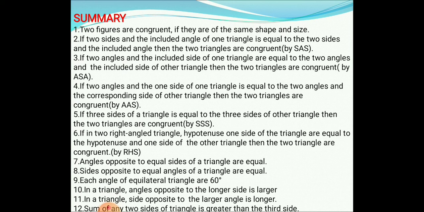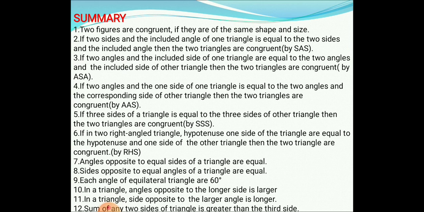Fourth is, if two angles and one side of one triangle are equal to two angles and the corresponding side of the other triangle, then the two triangles are congruent by AAS criteria. Fifth is, if three sides of a triangle are equal to the three sides of another triangle, then the two triangles are congruent by SSS criteria.